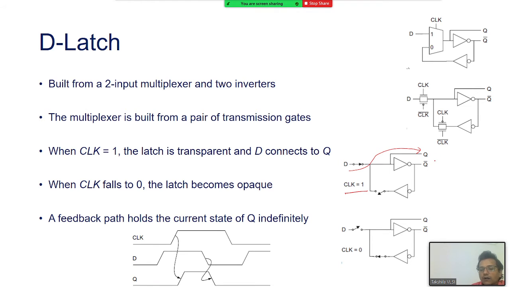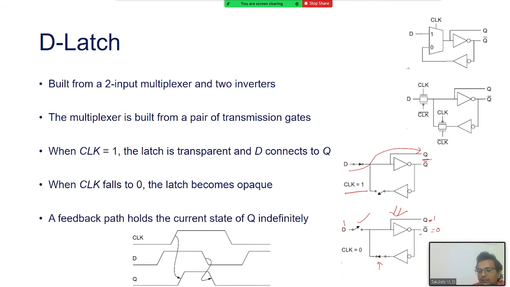But when the clock goes to 0, this switch is open now and this switch is closed. So the data that got connected to Q earlier will remain like that, okay? And the complement of that: let's say 1 was here, the 1 got to Q, and it means Q bar was 0.